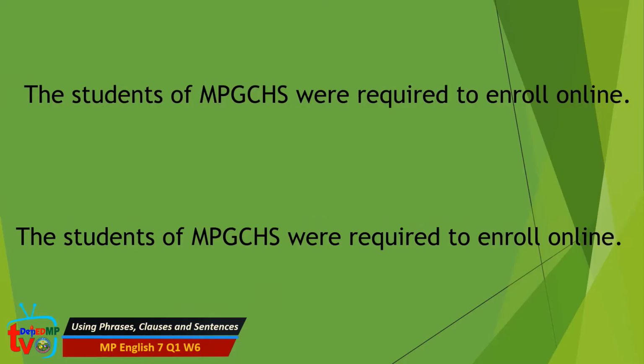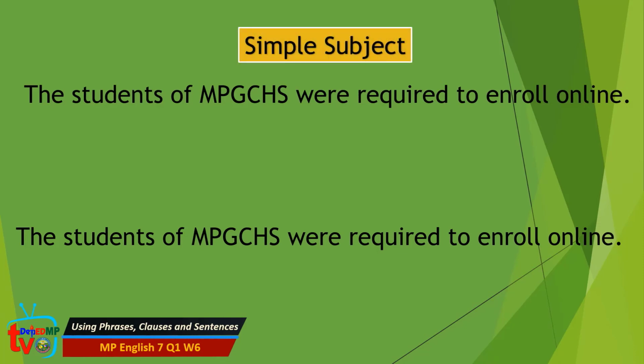The students of MPGCHS were required to enroll online. Let us use the same sentence in identifying our simple subject and our complete subject for you to understand it better. A simple subject is the main word or word group in the complete subject. The subject is usually a noun or a pronoun.